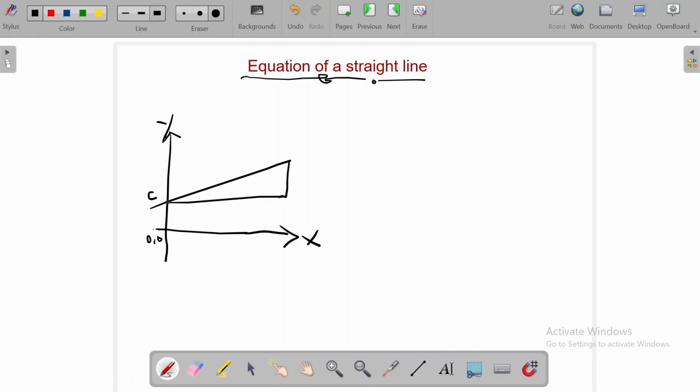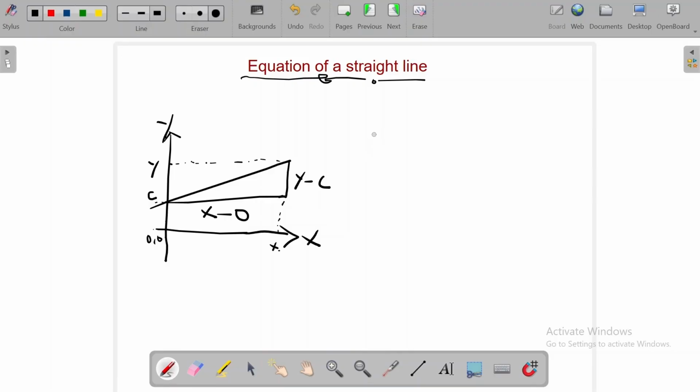The first point on the y-axis can be called C, and the second point here I can call y. For the x, the first point is 0, and the second point can be called x. So the change in the x-axis, the second value minus the first value, is x minus 0. And the change in the y-axis is y minus c.